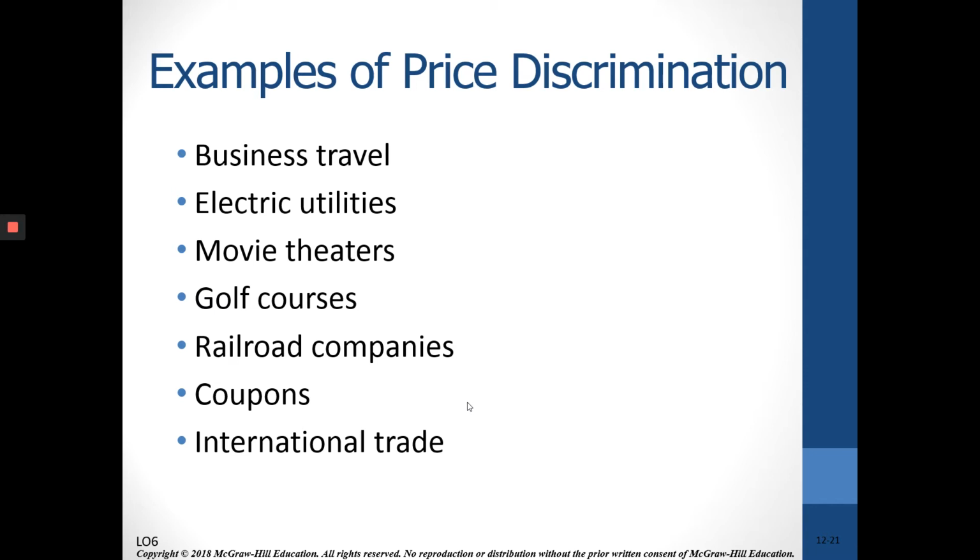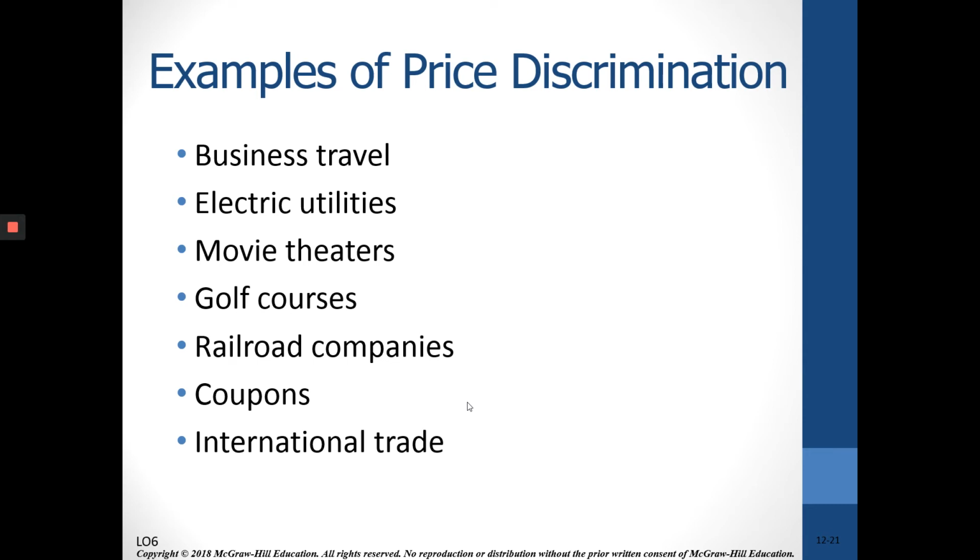Examples of price discrimination: business travelers have a more inelastic demand, generally pay more for air travel. Electric utilities may charge businesses more per kilowatt hour than a homeowner. Movie theaters charge different prices based on age. So that is a form of price discrimination. It's perfectly legal as long as it doesn't lessen competition.